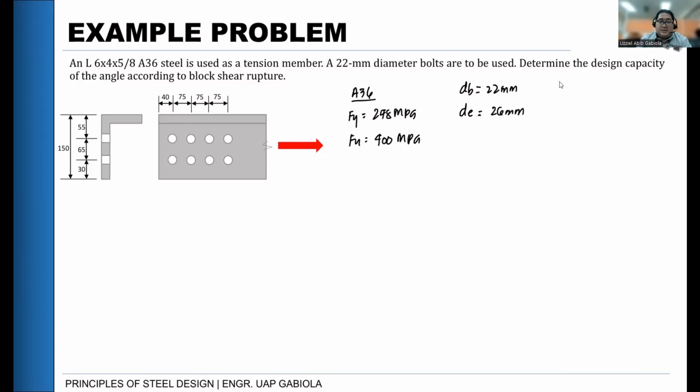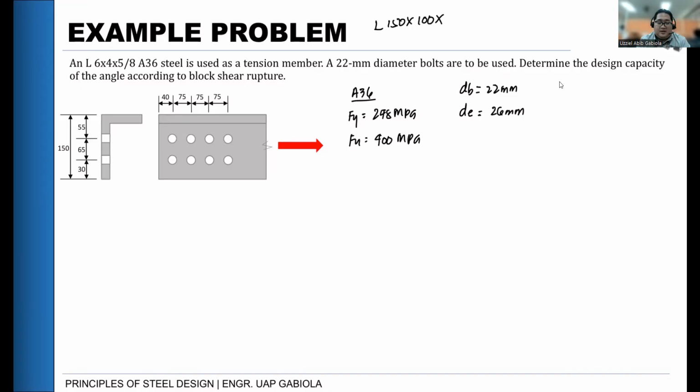Okay? And then we are tasked to find the design capacity based on block shear alone. No? So tingnan muna natin yung size natin. L6 by 4 by 5/8. L6 by 4 by 5/8 is also equivalent to L150 by 100 by 5/8.